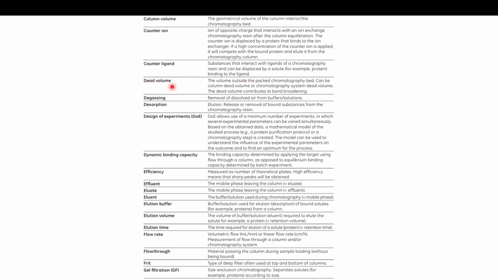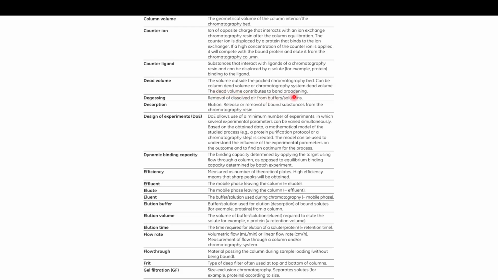Now, dead volume, we will encounter this in size exclusion chromatography or in general, because columns are packed and these won't be packed with 100% efficiency. There will be voids definitely. So this is the dead volume which is outside the packed chromatography bed and can be column dead volume or chromatography system dead volume.